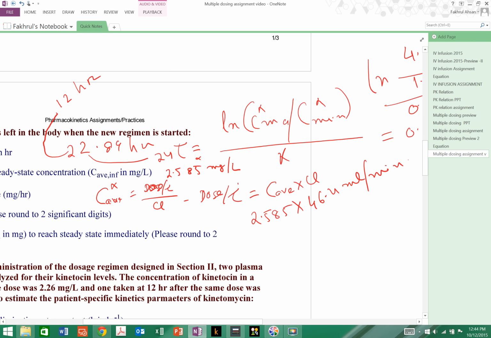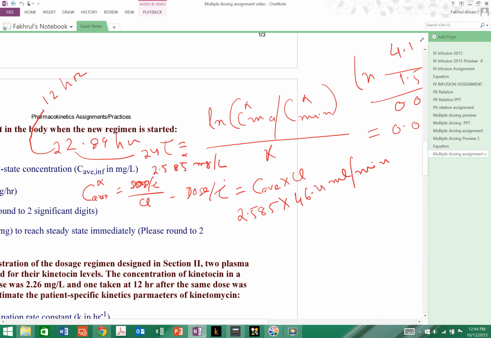You have to do some conversion: this is milliliter per minute, while C average is milligram per liter.